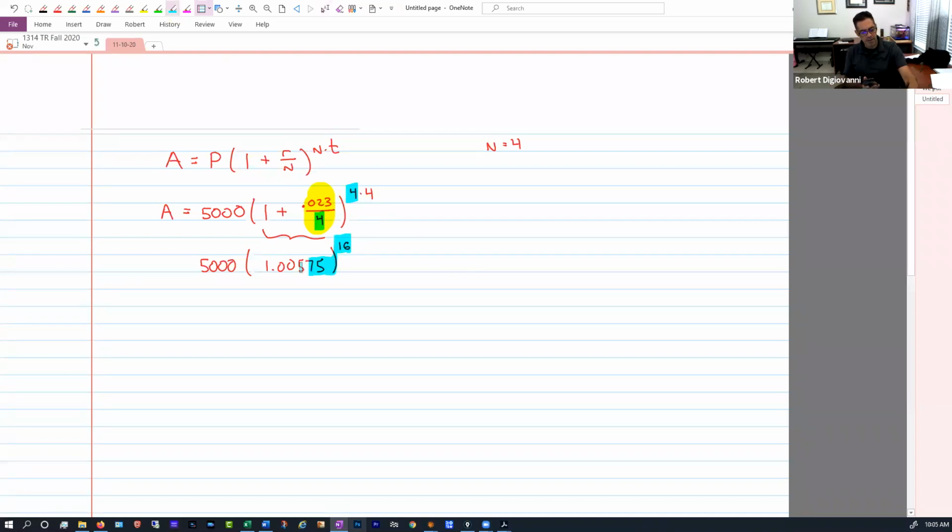Now I raise that to the 16th power on my calculator, and here's what I get: 5,000 times 1.096075, something like that. Again, we're going to have slight differences in our answers because of where we decide to round things, but all of our answers should be within a few cents of one another.